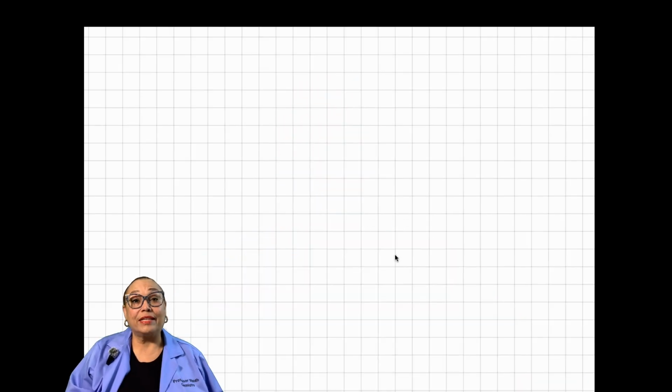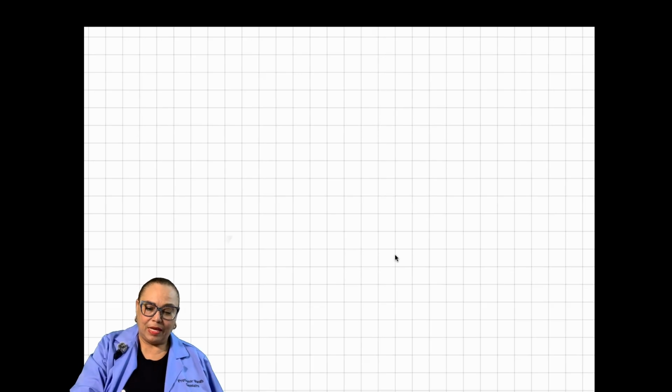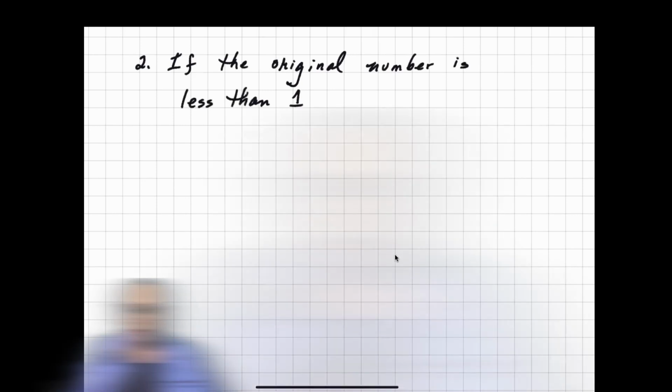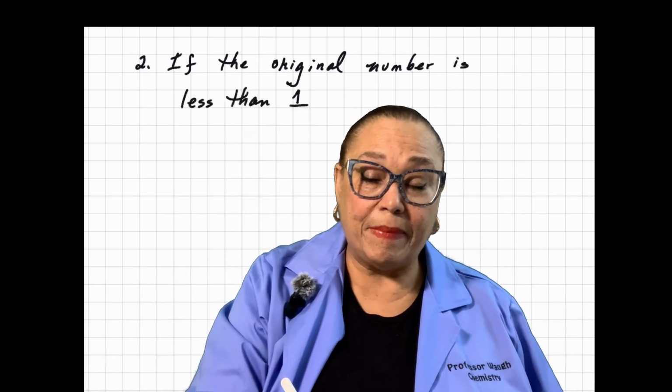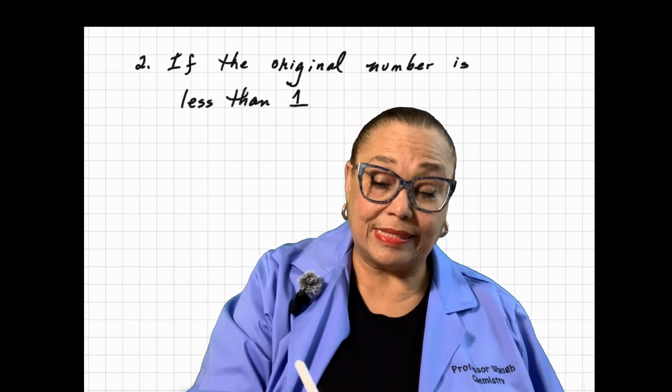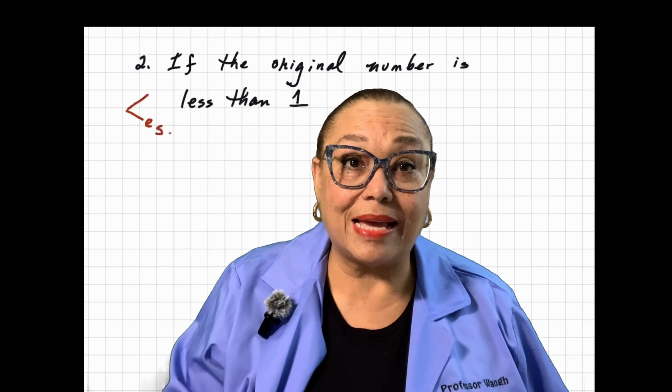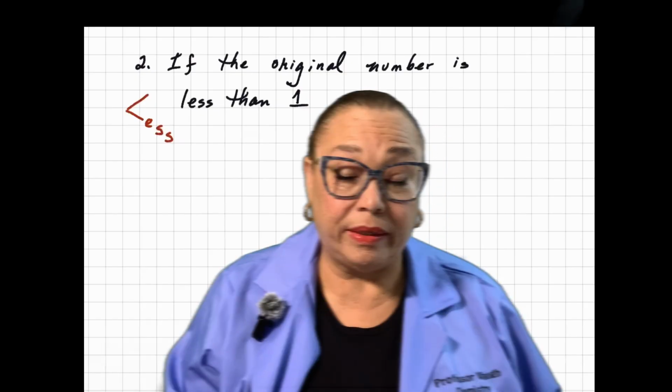Now, let's look at the numbers that are smaller than 1. So number 2, if the original number, because remember, we're looking at the original number, is less than 1, make sure you remember the less than sign. And you can always write "less" out of the less than sign, okay?